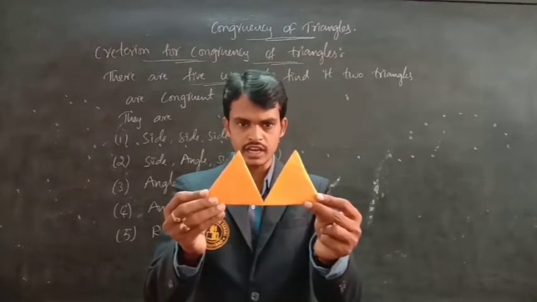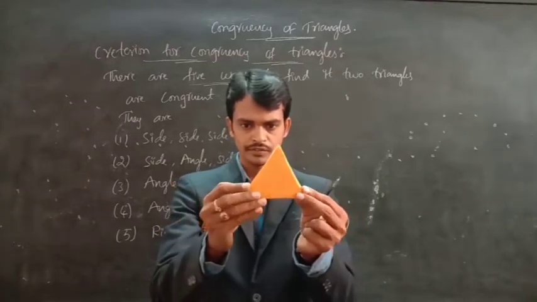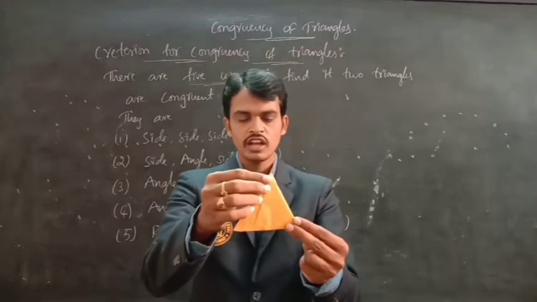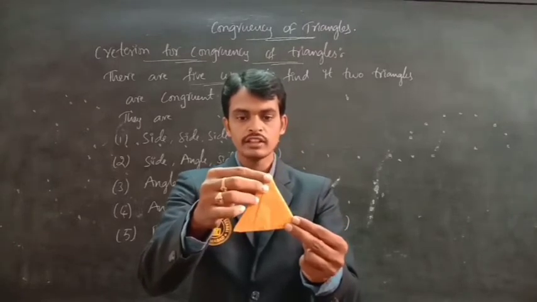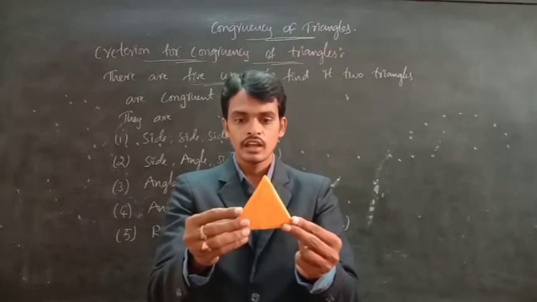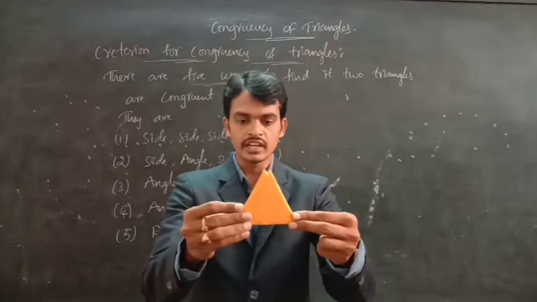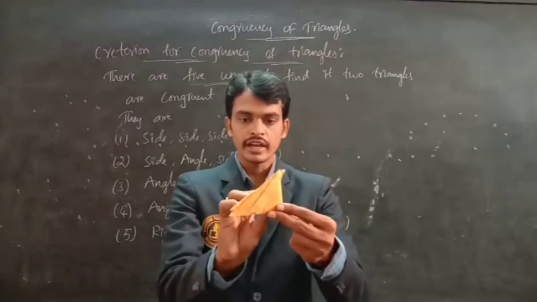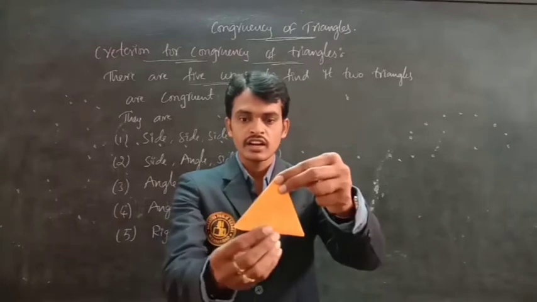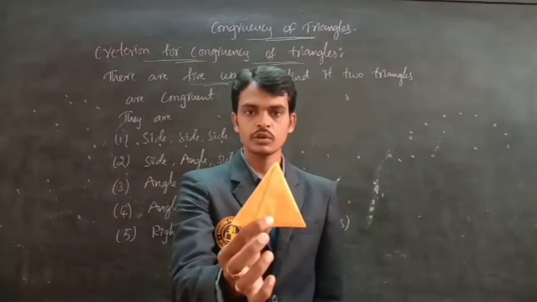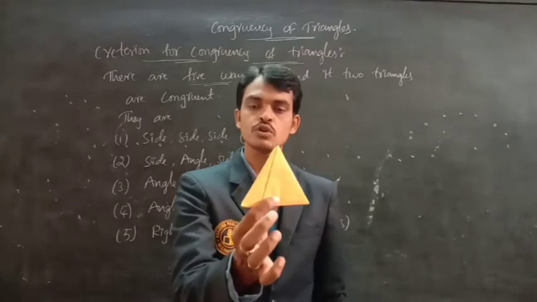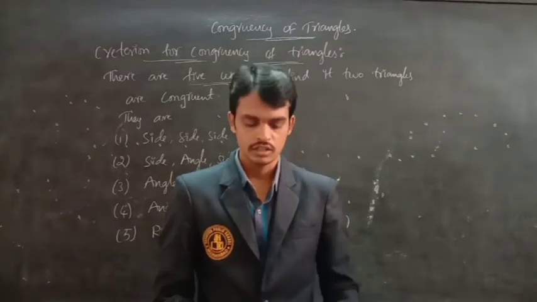Are these two triangles superimposed on each other? Yes, they are. When they are superimposed on each other and the two triangles have corresponding sides and angles the same, then the two triangles are congruent. See, look here.